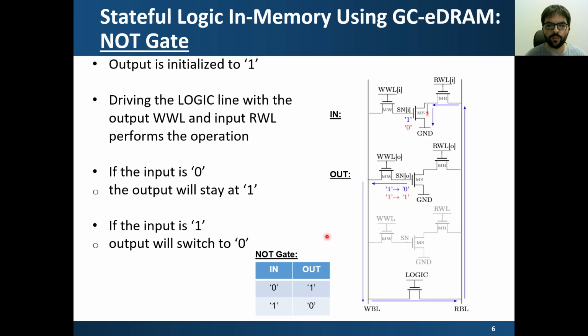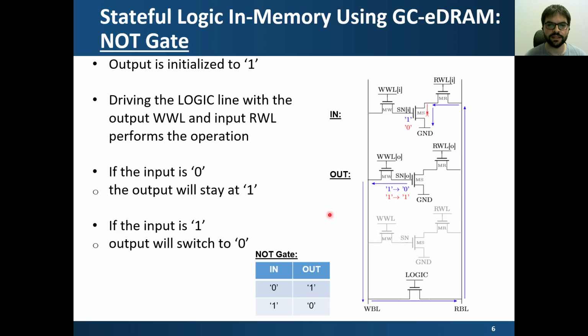And now if we compare that to the truth table, then we see that when we had a 0 at the input, the path wasn't conducting, so the output remained at logical 1. And if we had logical 1 at the input, then the path was conducting and the output changed to logical 0. And this gives us, as we wanted, the NOT gate.